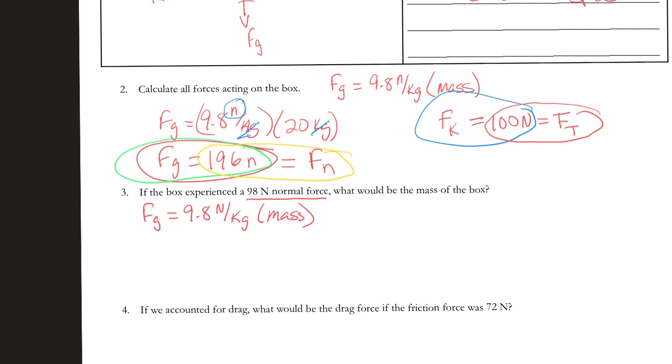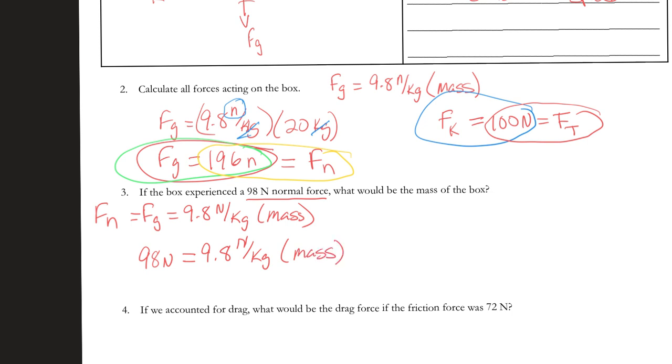So I'm going to substitute my numbers in. So 98 newtons was my force normal. 98 is equal to 9.8 newtons per kilogram times mass, and I'm going to be solving for mass.